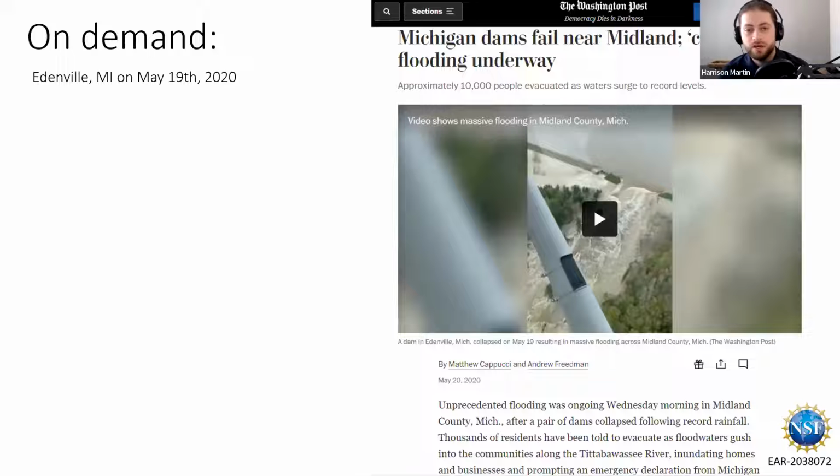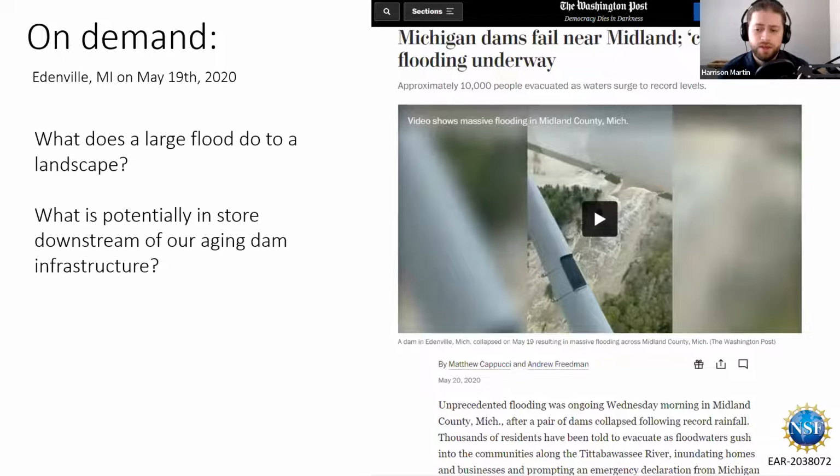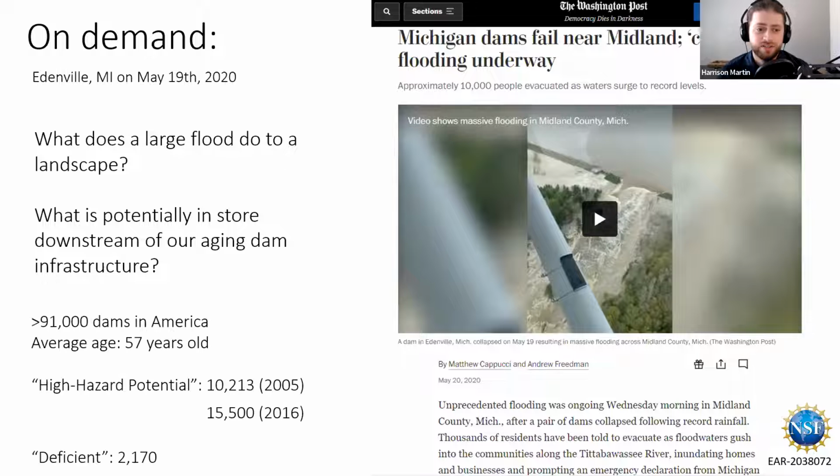So in 2020, in May, 2 dams catastrophically failed in central Michigan, causing the evacuation of over 10,000 people during the COVID-19 pandemic. In addition to the human impacts, we were interested in learning about what a large flood does to a landscape. And this is particularly relevant because there's over 91,000 dams in the US.